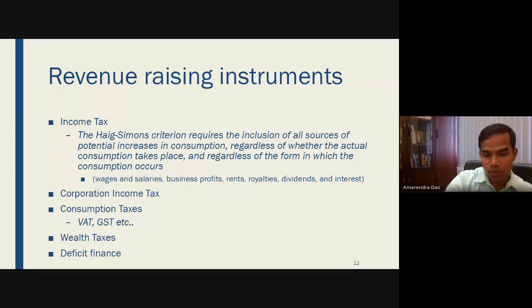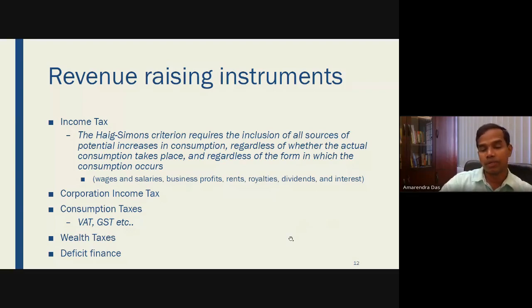Then within the domestic borrowing, whether it should borrow from the market or it should borrow from the public provident funds or it should borrow from LIC. So all those things are discussed in deficit finance. And in a critical time like COVID, now the state governments are going through a very difficult situation, and we know that a lot of controversy has arisen on the borrowing. You must be remembering that GST compensation issue, how a lot of debates happened.